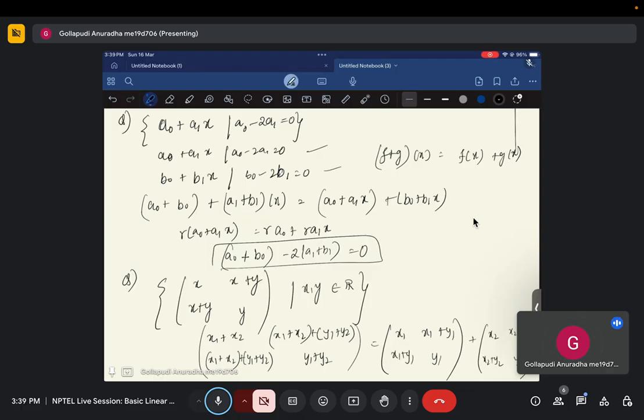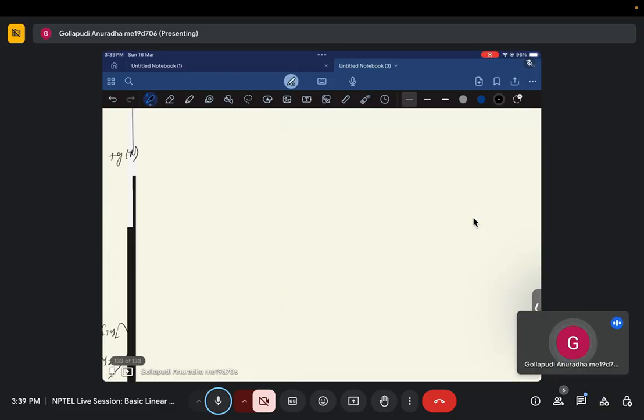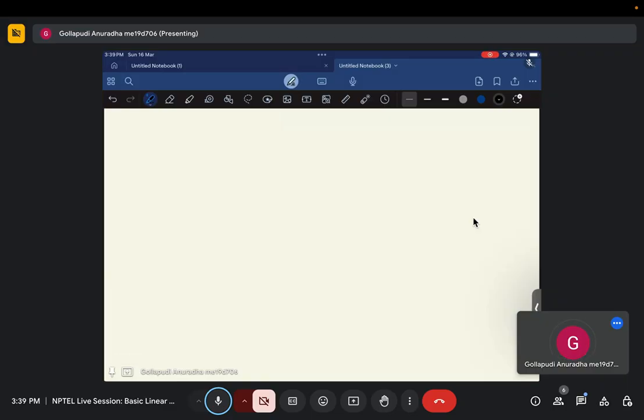That's there, and even scalar multiplication is satisfied here, so that will be a vector space. So take up the next question.